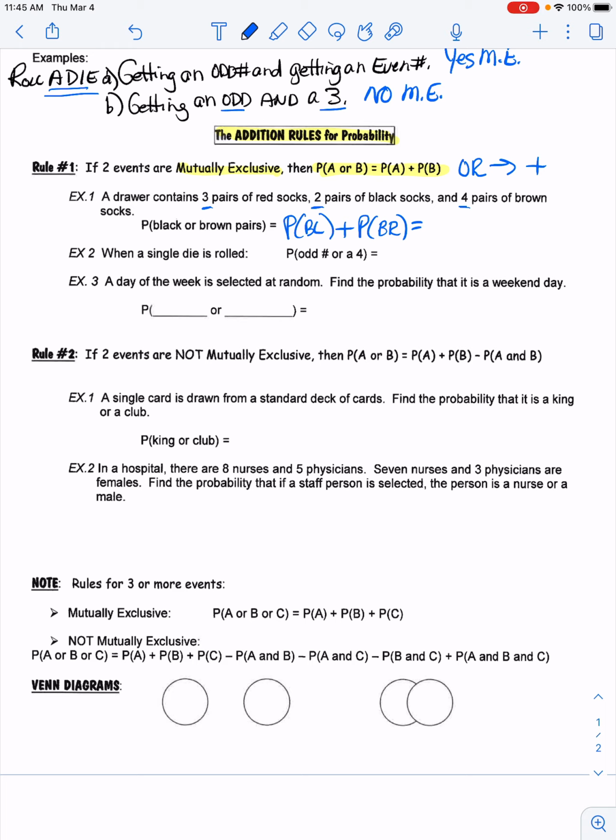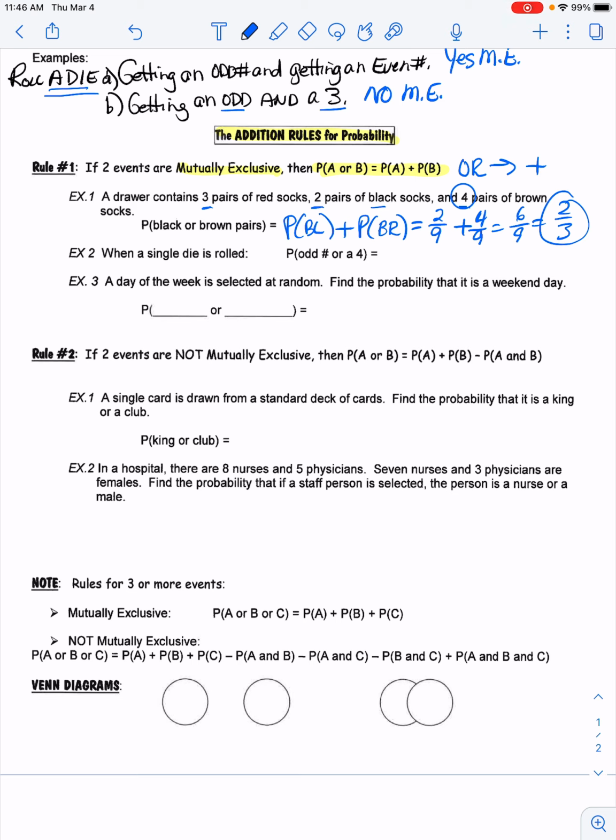So black socks, there's 2 pairs out of the 9, plus brown socks, there's 4 pairs out of 9. So we end up with 6 out of 9, or 2/3 for the probability.